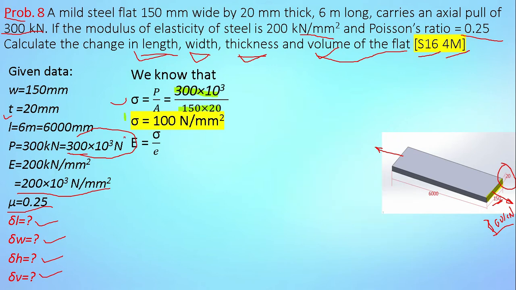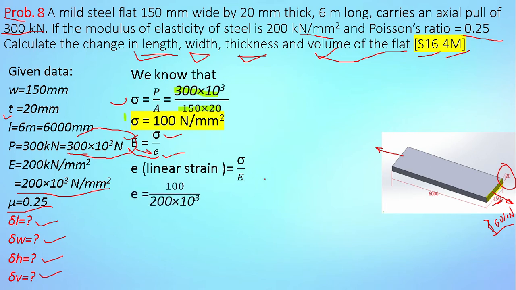Now we know the formula: Young's modulus is equal to stress divided by linear strain. So this equation becomes linear strain is equal to stress divided by Young's modulus.